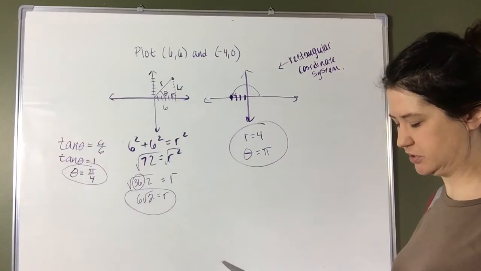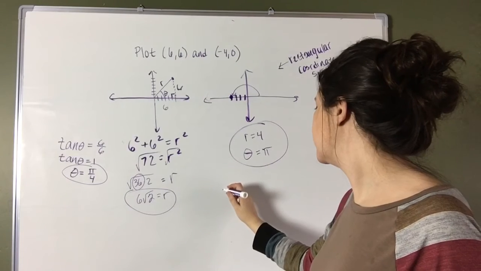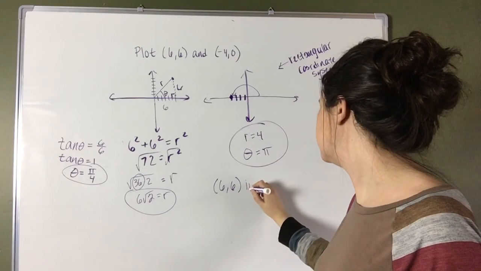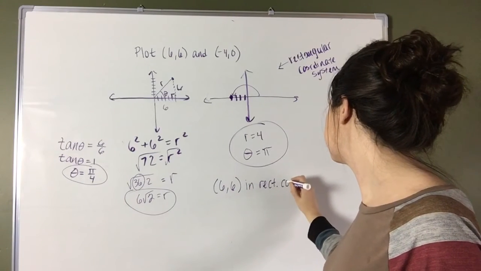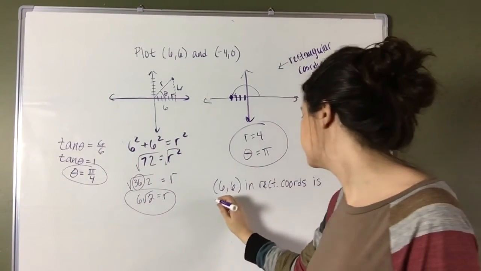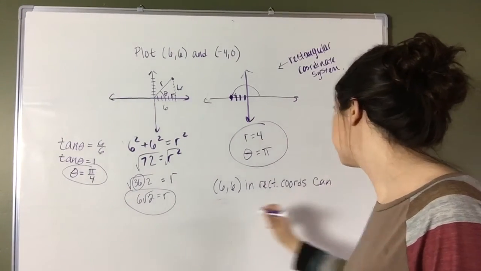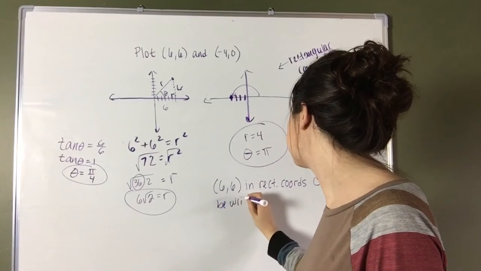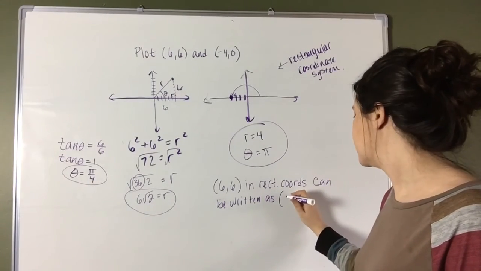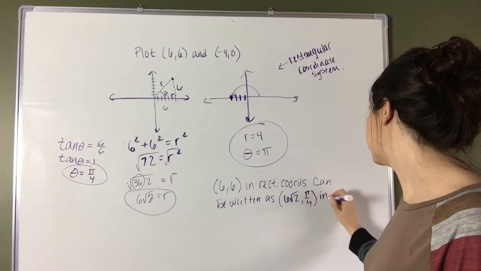So what this means actually is that (6, 6) in rectangular coordinates can be written as (6 square root 2, pi over 4) in polar coordinates.